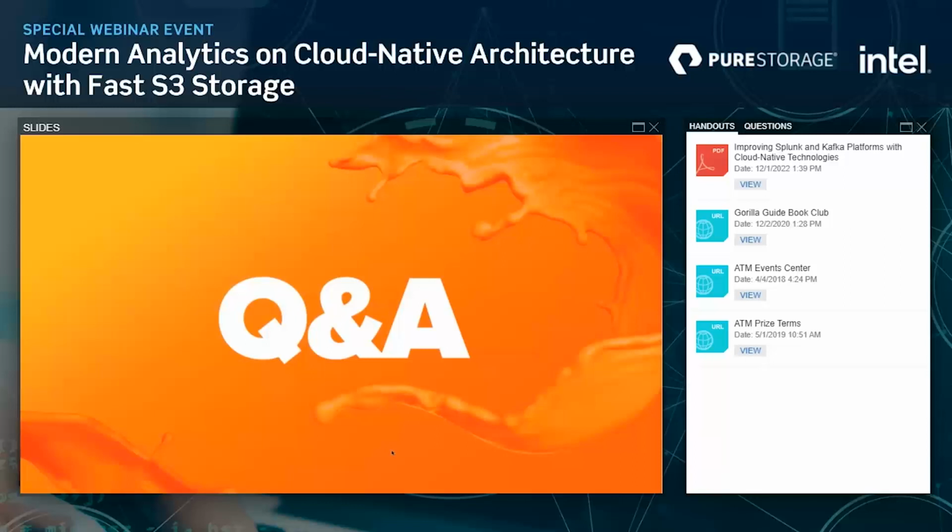Some more here. This one is for Jan. Does Pure's consumption-based subscription model support Splunk? It absolutely supports this solution. And we frankly have many customers that choose this option.